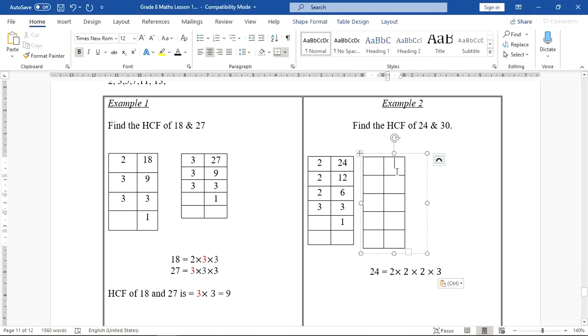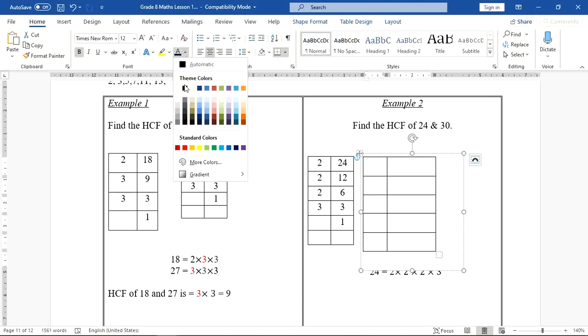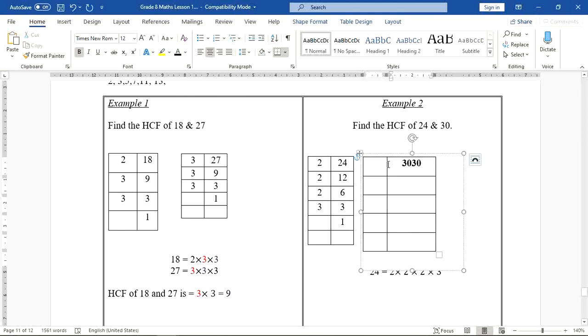So 30, the smallest prime factor that can divide 30 will be 2. Okay, so 2 goes into 30 15 times.